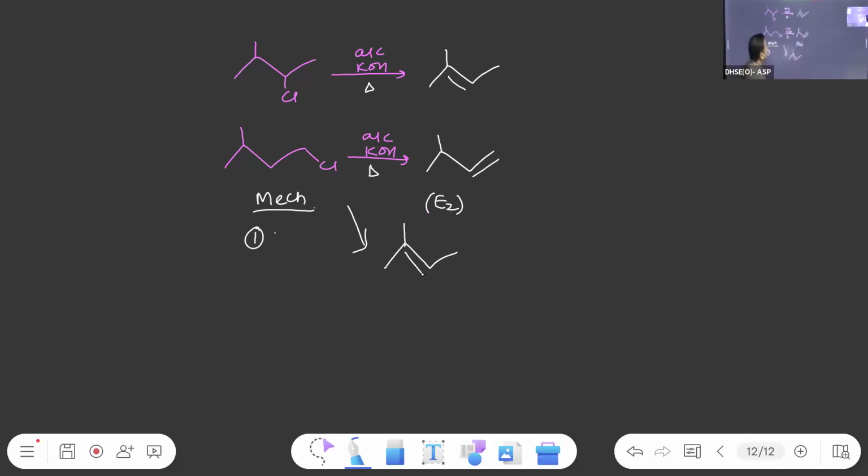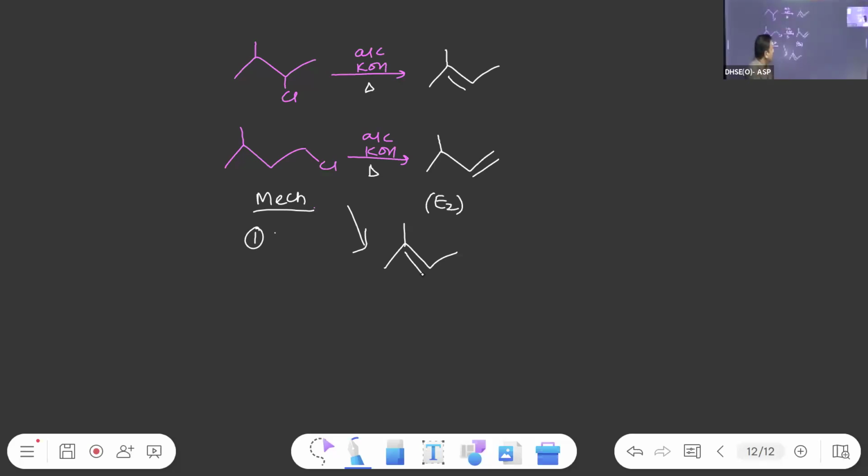Okay. Now the question is, sometimes the student asks, is the product always decided by Saytzeff rule, or is there any discrepancy? Is there any limitation to Saytzeff rule?